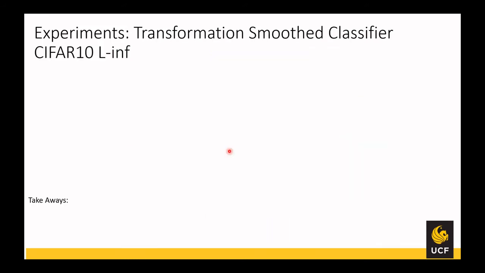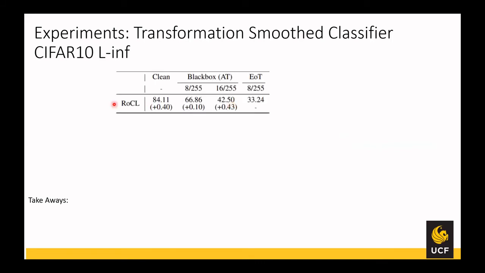Here we will see the experiments for the transformation smooth classifier on CIFAR-10. It's not written as ROCL plus transformation smoothing here; they have written clean ROCL, but this table refers to the new version of the paper, so it's not in the version of the paper that is in the schedule.